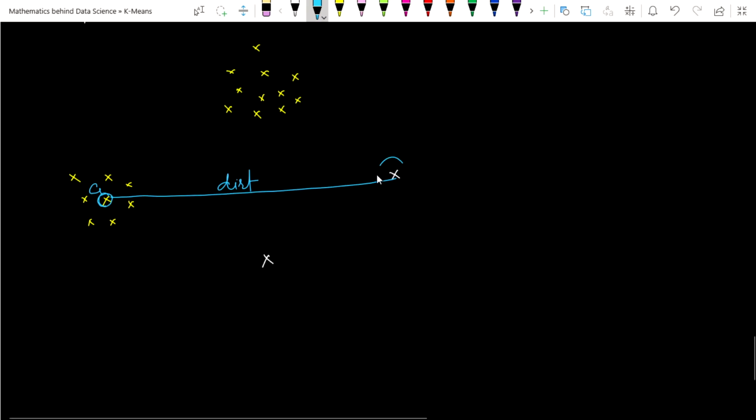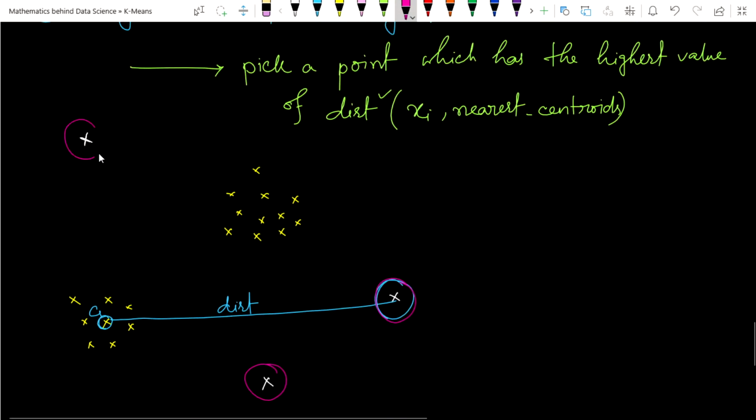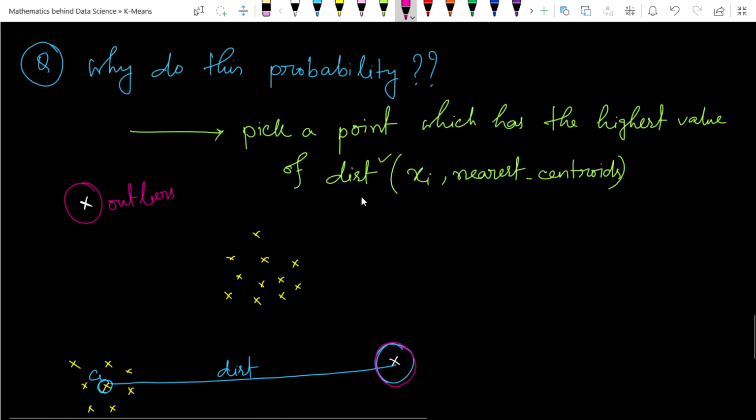But these are the outliers of our data set. So to avoid this problem with outliers, note that this concept is totally deterministic. This concept is called deterministic.